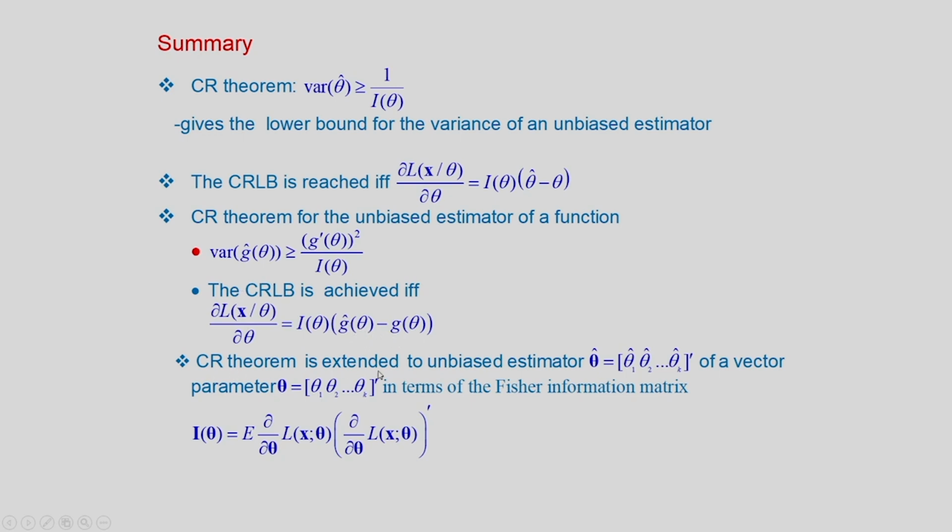CR theorem is extended to an unbiased estimator theta hat of a vector parameter theta, which is given by θ1, θ2 up to θk transpose, and it is given in terms of the Fisher information matrix I(θ). This is a matrix, given by ∂L/∂θ, this is a vector, times ∂L/∂θ transpose. So, this matrix is the Fisher information matrix.